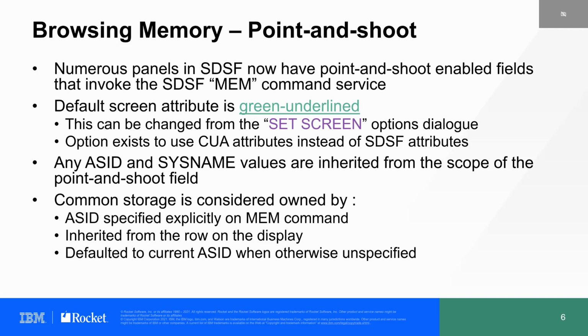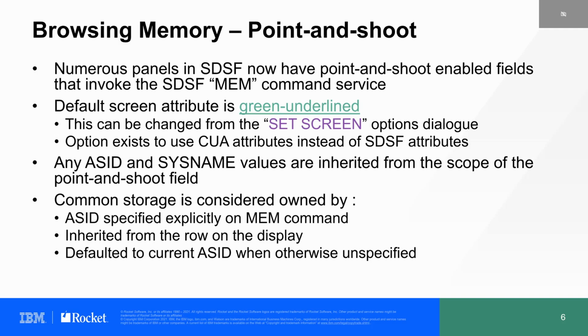There are options there to change the color, to change the attributes, and you can even say, well, I don't want to use SDSF's point and shoot enabling functionality, I want to use ISPF's CUA way of indicating something is point and shoot instead. So you can select the CUA attribute option.